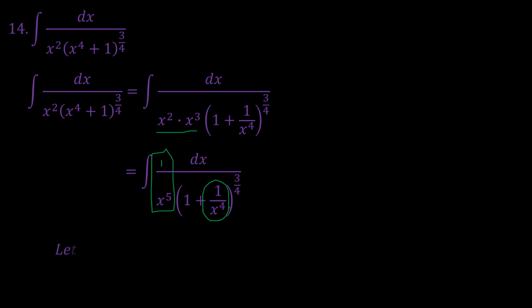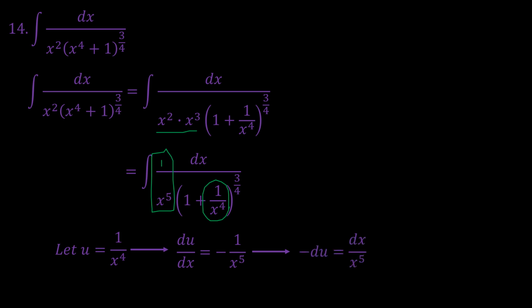So I want to substitute for 1 over x to the power 4. So let u be equal to 1 over x to the power 4, and so the derivative of u with respect to x is negative 1 over x to the power 5. Quickly, I've seen that I could easily substitute 1 over x to the power 5 with what we have there. But let's just continue.